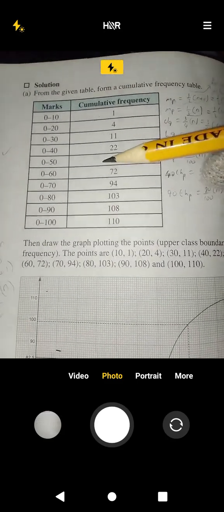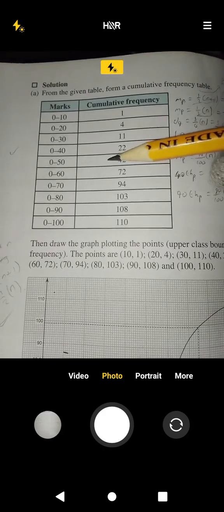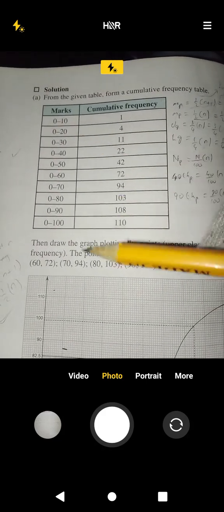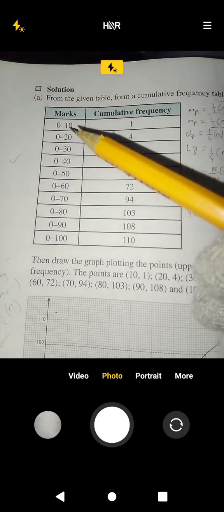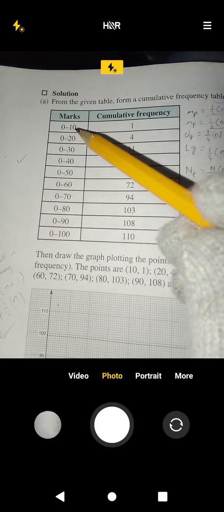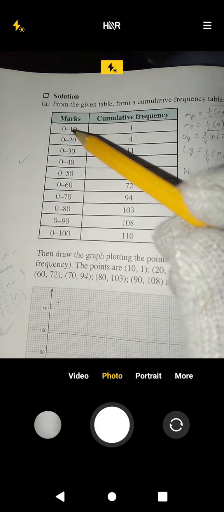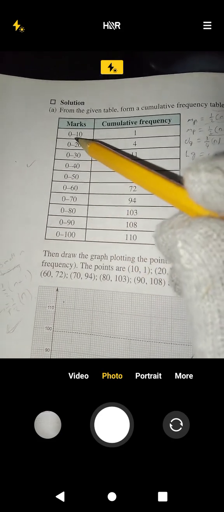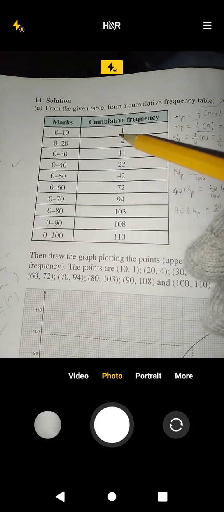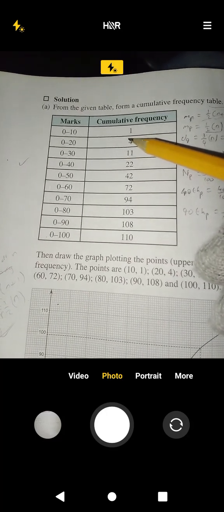And then from this, like I said, you then plot the points. We take the last number in this marks column versus the cumulative frequency.